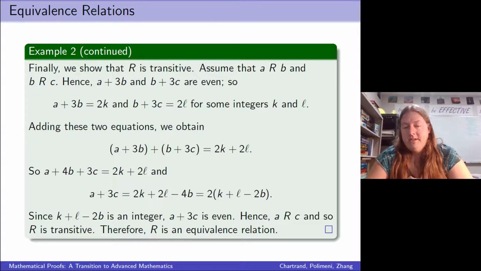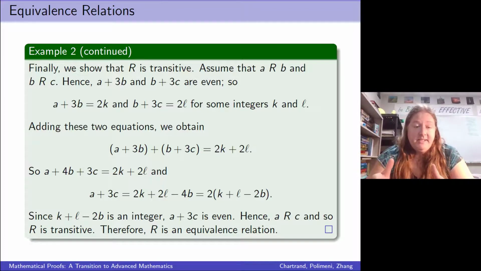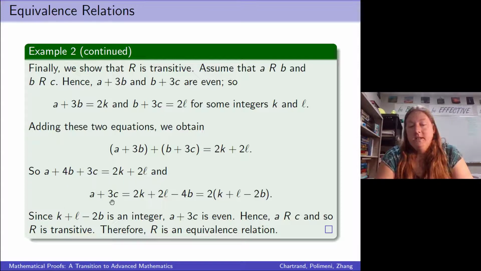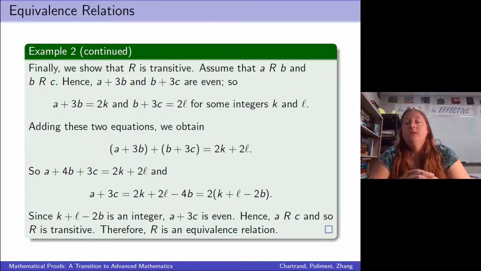Now, notice that we're trying to show that A is related to C, and so what we really want is A plus 3C. Well, the A and the plus 3C are in here, so all I do is subtract 4B across, and I have A plus 3C equals 2K plus 2L minus 4B.